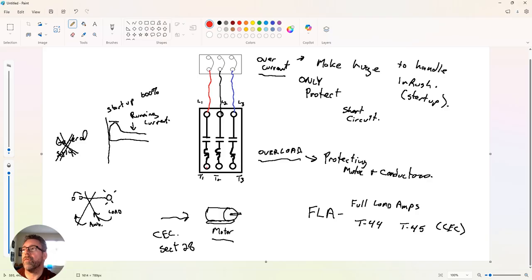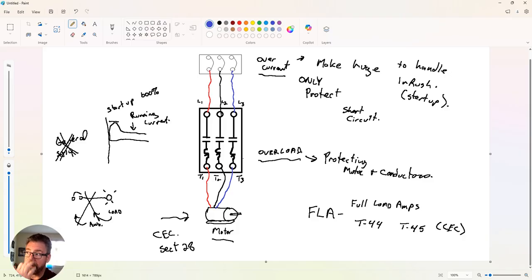So again, I'm going to go from my red and we're going to go down into our motor, black and blue. So we're coming in with the lines and we're out with the T's.